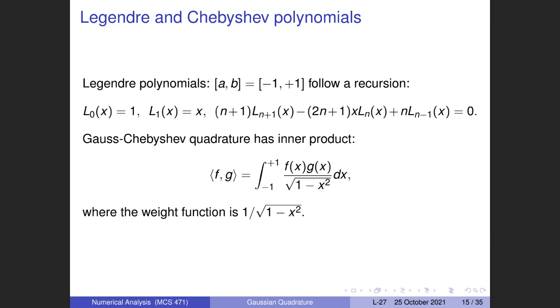The Gauss-Chebyshev quadrature rule is a little bit funny because it uses this weight function. When we introduced Chebyshev polynomials, this weight function also occurred, but that was kind of unnatural. Here we can use this to our advantage.